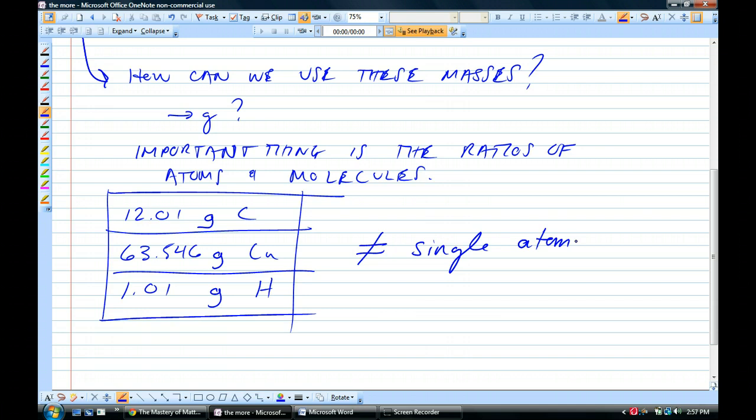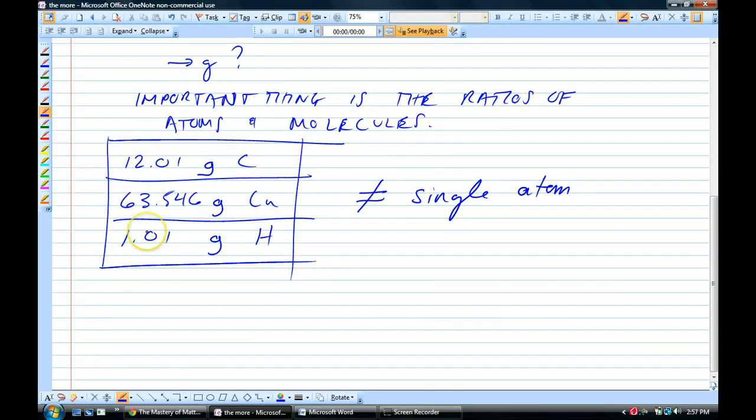All right, a carbon atom does not weigh 12 grams, and a single copper atom does not weigh 63.546 grams. But what I have done is I've created masses of each of these three elements that contain the same numbers of atoms, okay? So let's say these are three samples, a 12 gram sample of carbon, a 63.5 gram sample of copper, and a 1 gram sample of hydrogen.